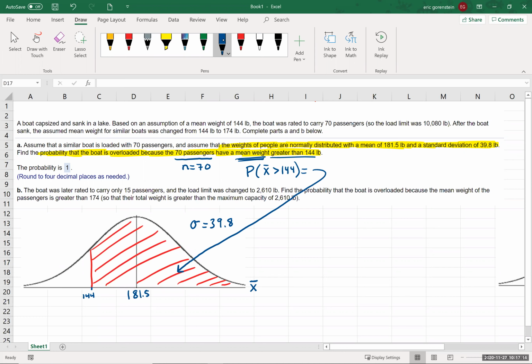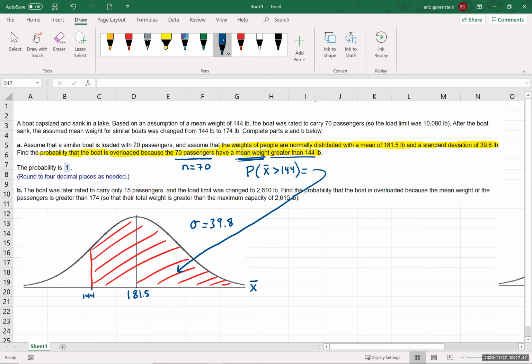All right, but anytime you're looking for probability related to a sample mean, and this is something you should write down on your sheet of notes that you're going to be using for the test, anytime you have a normal distribution problem dealing with the probability of a sample mean, you must use a z-score because you're not given any x values.